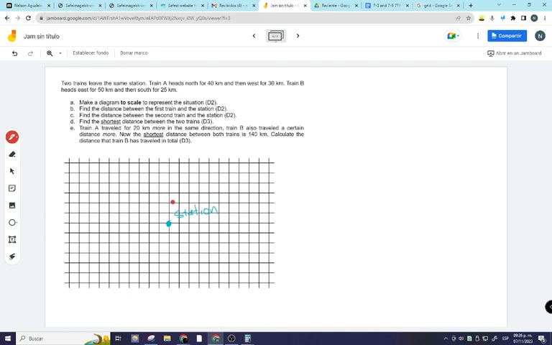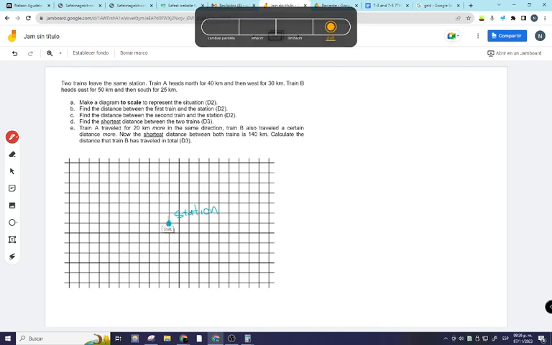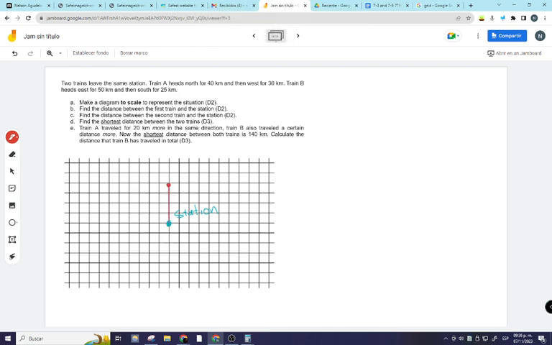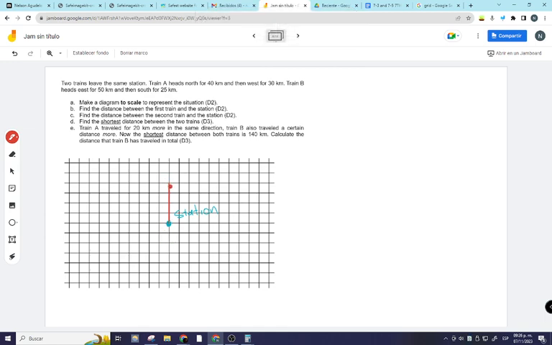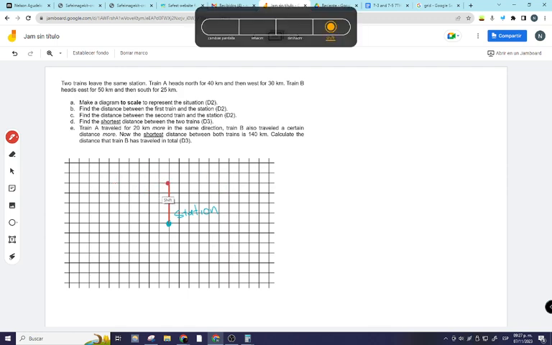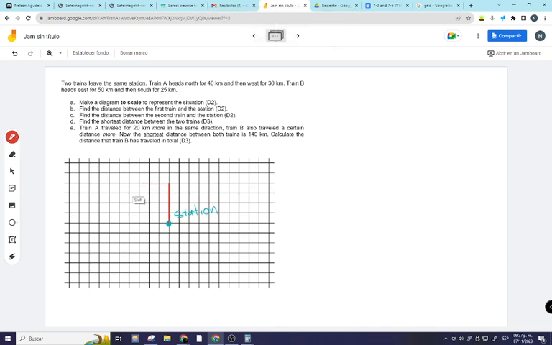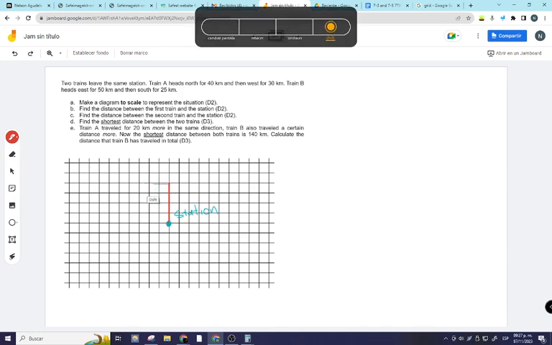So north 40 kilometers would be approximately like this. Then west, remember, east is to the right, west is to the left, and that is 30 kilometers. Excuse me, let me do it again.